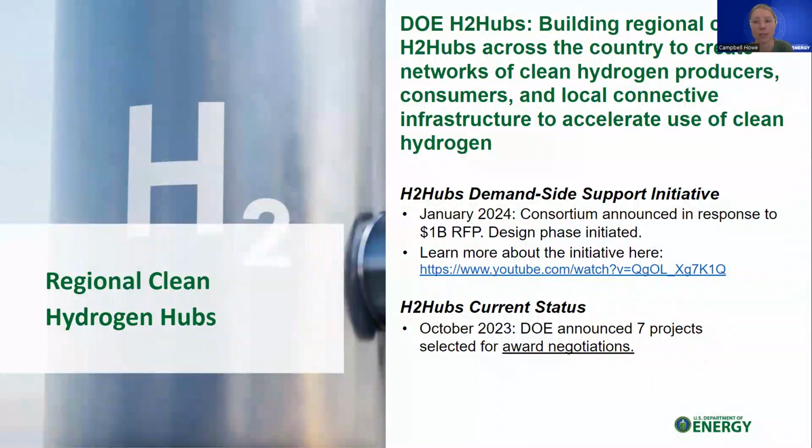But even more importantly, we're including hundreds of miles of pipelines, including open access pipes, and over 10,000 megatons of storage capacity to really address some of the midstream challenges that we've been highlighting throughout this presentation. And the hubs are also investing billions of dollars for ports and for fueling stations, and for really transportation end uses. They get roughly 8,000 trucks and buses on the road as well.